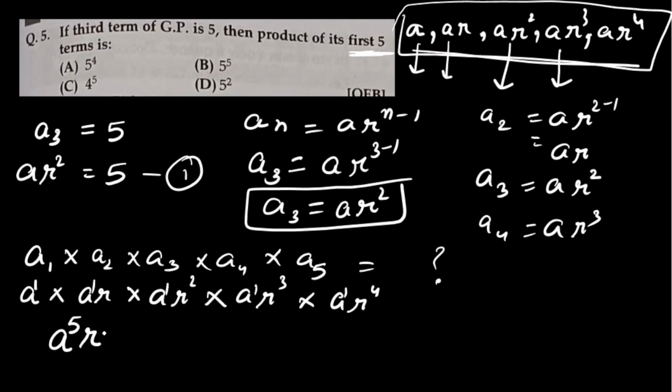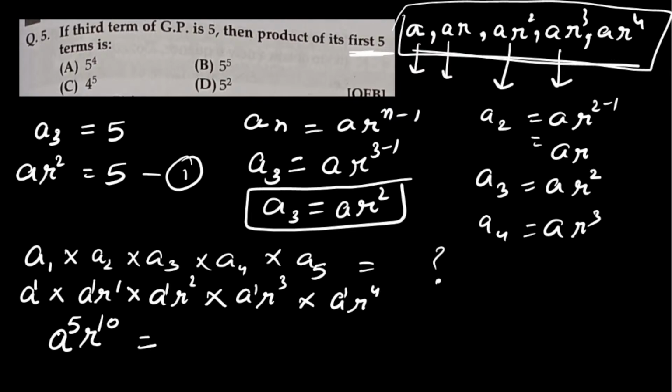In the same way, R's powers if we add: 1, 2, 3, 4, 5, 6, 7, 8, 9, 10. So if we multiply all the terms, we get A to the power 5, R to the power 10.